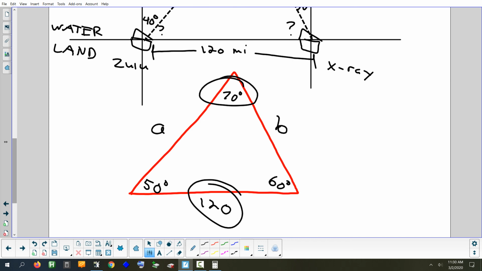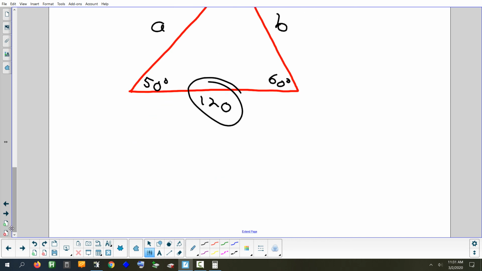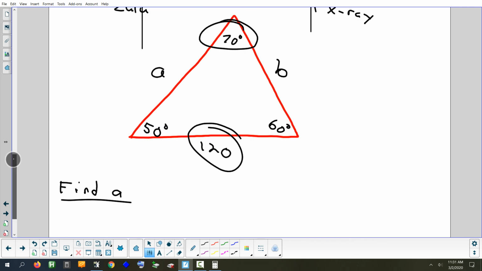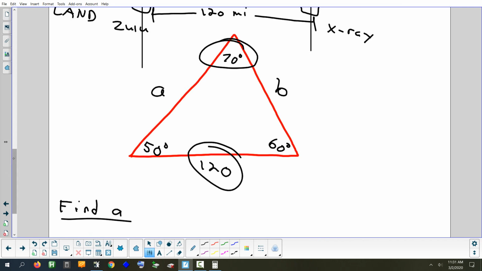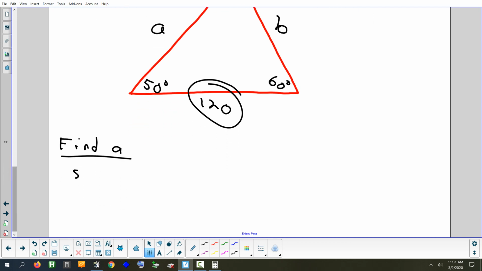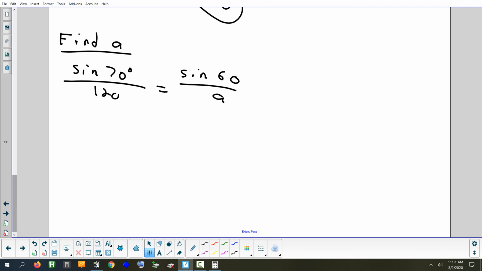So, how would you find A? You would do the sine of 70 over 120, and then the sine of 60 over A.